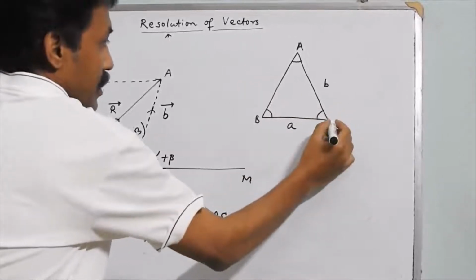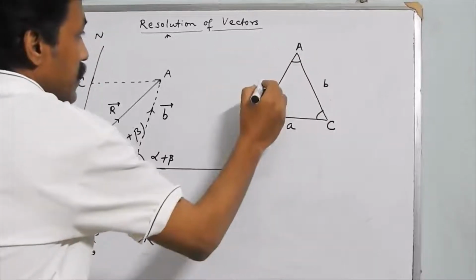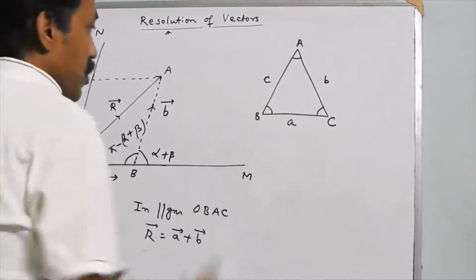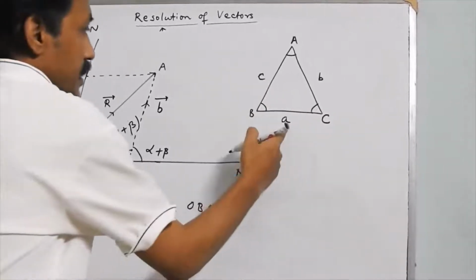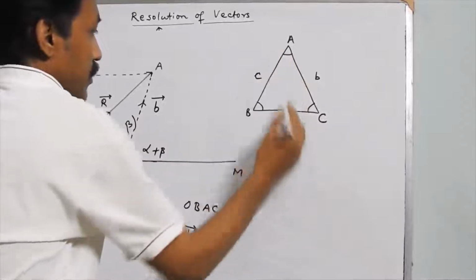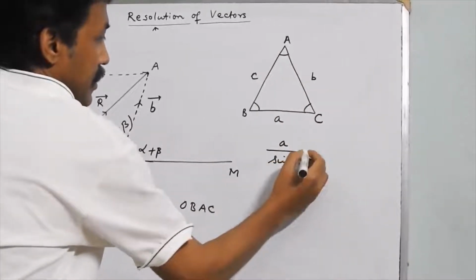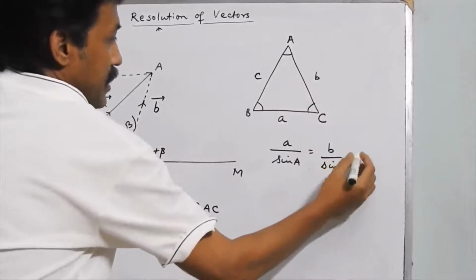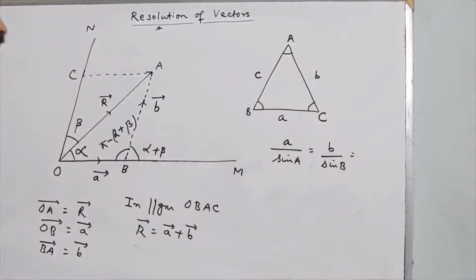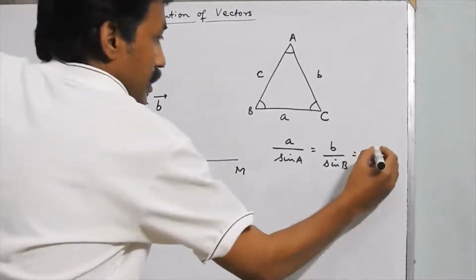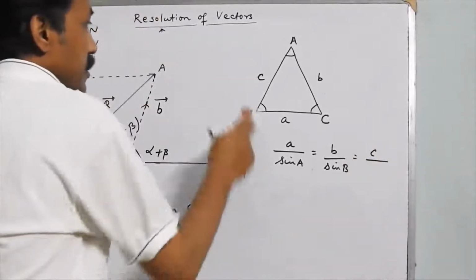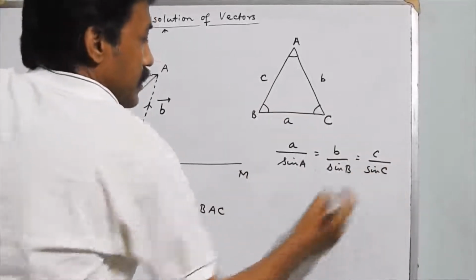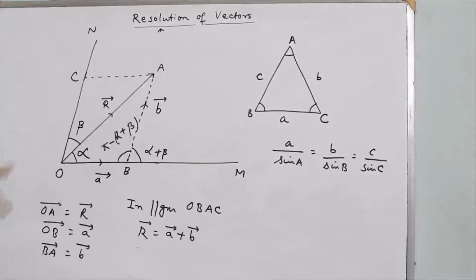The vertices are all denoted by capital letters. So this rule is very popular in trigonometry, that is a upon sine of angle A is equal to b upon sine of angle B. That means the side divided by the sine of the angle facing it is in proportion. Small c divided by sine of angle C. So this is called the sine rule that I will apply here.